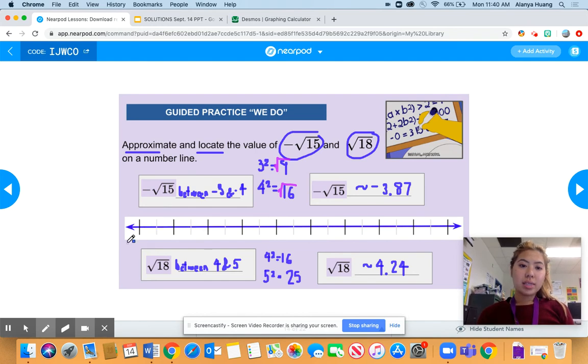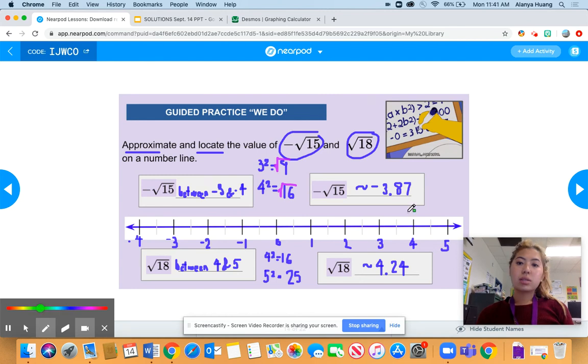So let's say that this is -4, this is -3, -2, -1, 0, 1, 2, 3, 4, 5. So negative square root of 15 is around -3.87.